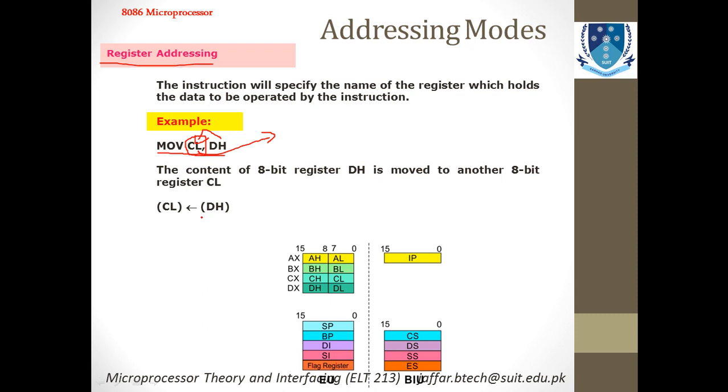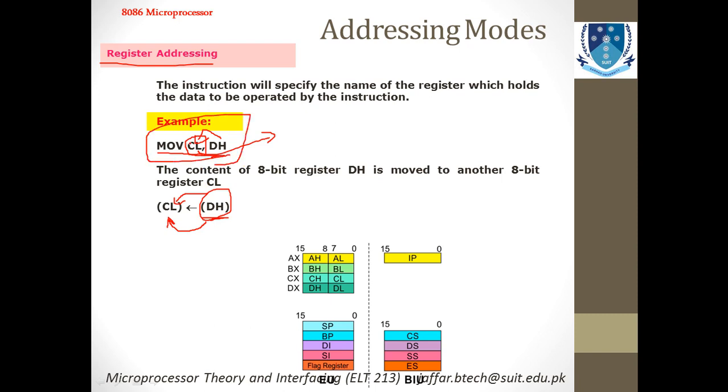You know that there is a high byte and a low byte of C. So you have moved this DH into CL. You can see the arrow: this data, which was in hexadecimal, is now moved to CL, the low byte of register C. So you have addressed it using the instruction.